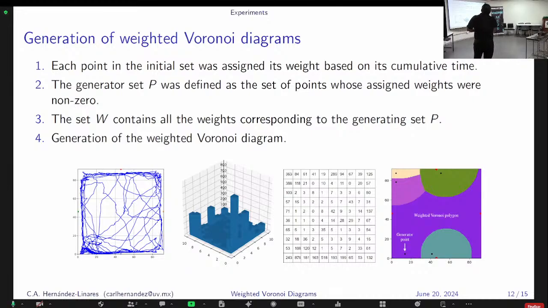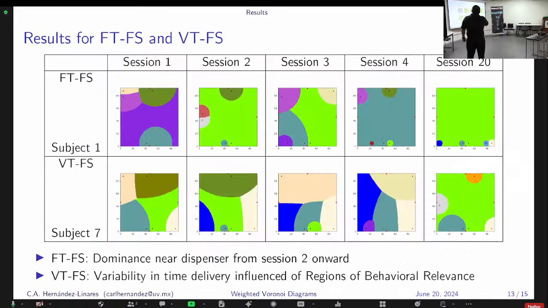The set W contains all the weights corresponding to the generator set P, and then we construct the weighted Voronoi diagram using Python. We have some examples where we choose 4 subjects.